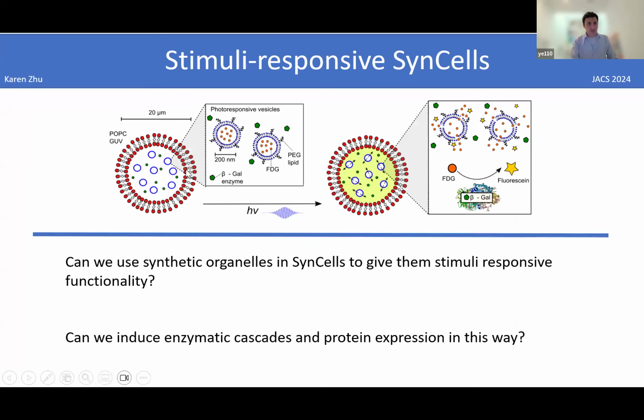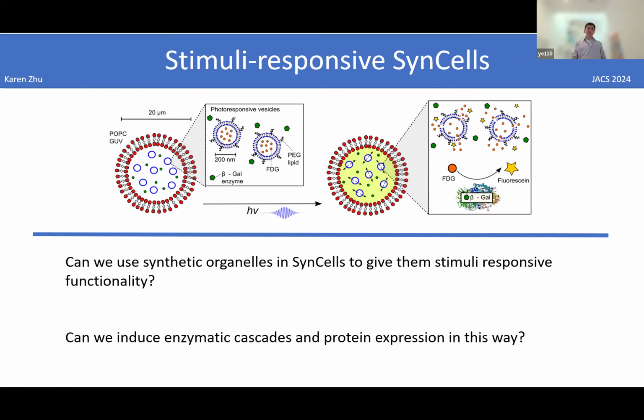And inside, you have these blue organelles, these blue membranes. And these blue membranes are stimuli responsive. So they normally will house a reagent. They can house, for example, a substrate or an inducer molecule. And outside these organelles, these blue dots are the enzymes in this case. So this whole thing's dormant because the enzyme doesn't see the substrate.